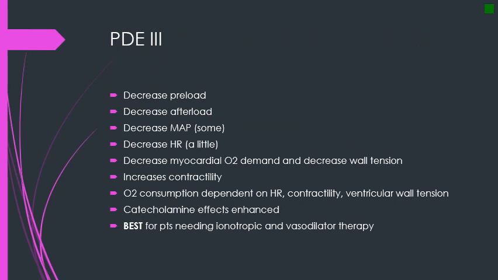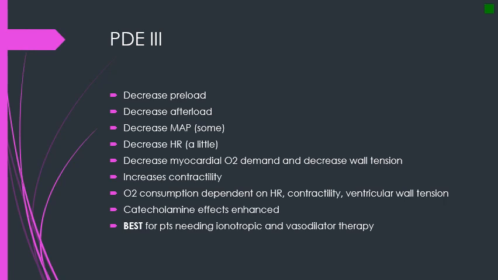Your phosphodiesterase inhibitors decrease your preload, and they also decrease your afterload. They will decrease your mean arterial pressure. Your text says some. That is dose dependent. It decreases your heart rate a little bit, but it's a definite inotrope. So you're going to get some good contraction, and your cardiac output will go up.